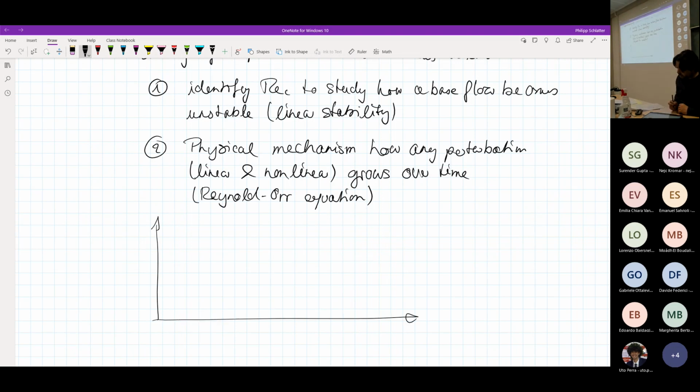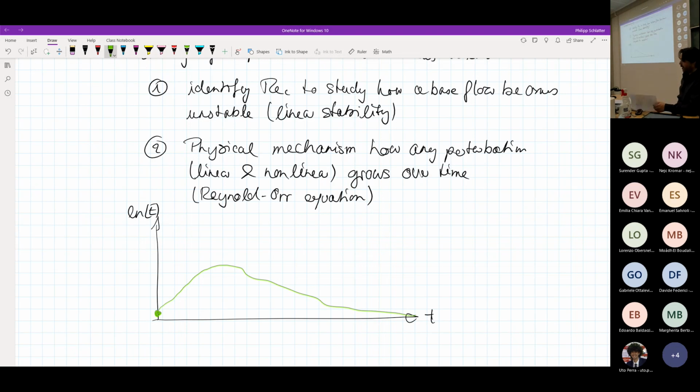So if I have a diagram here, I have time here, and here I plot the energy. Let's assume it's the log of the energy. Let's assume I have an initial condition somewhere there, and maybe initially I have some growth, but then I would have some decay.